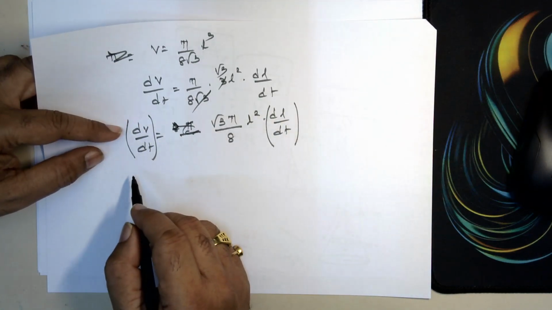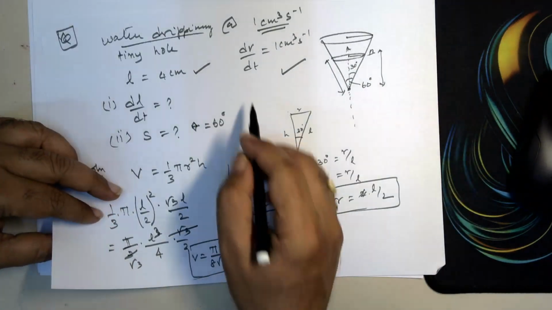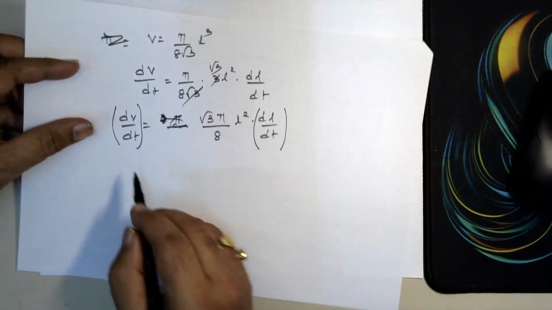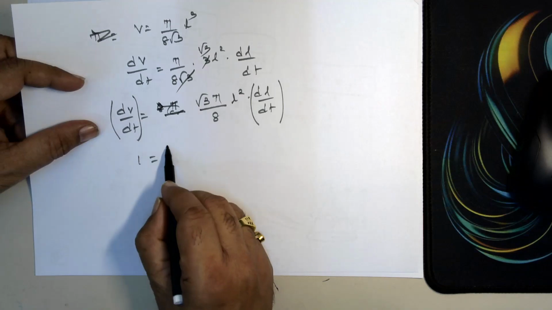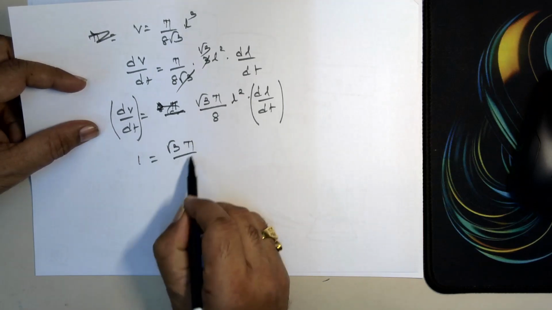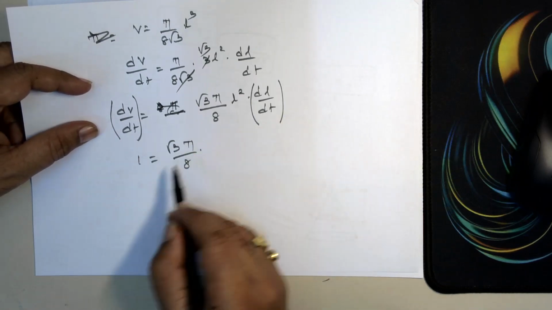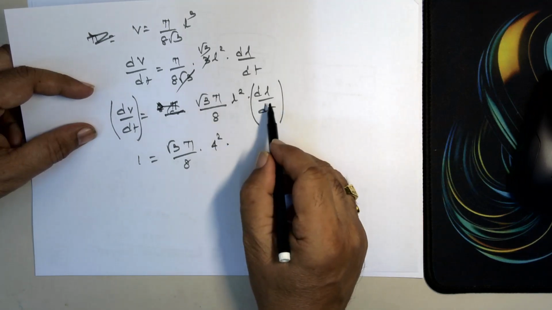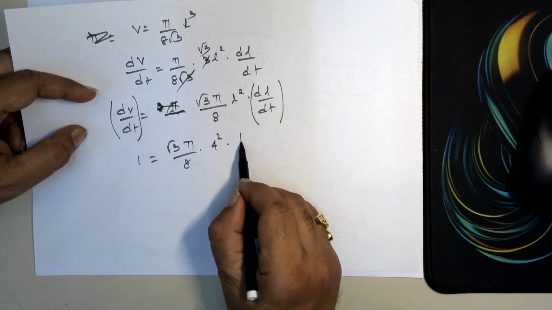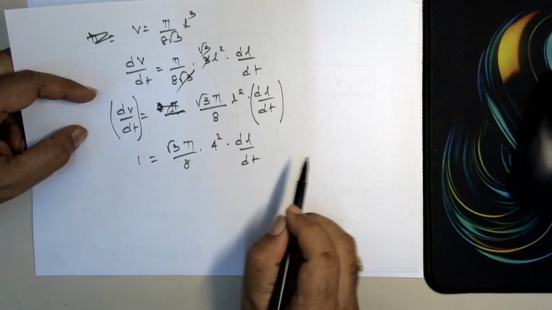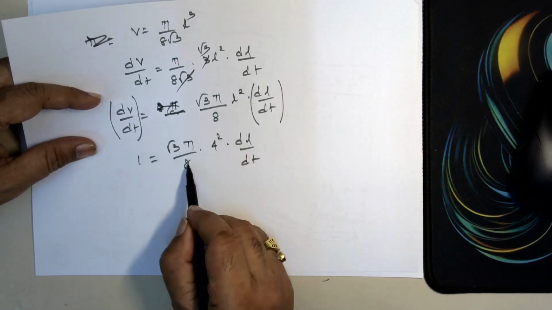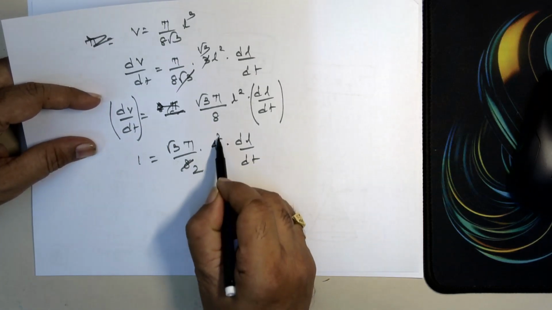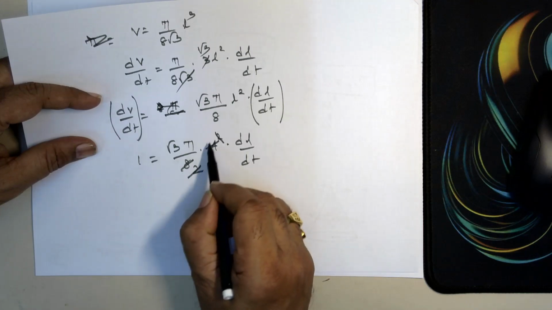Now, what is dV by dt? It is 1, because they are given here. So 1 is equal to root 3 pi divided by 8 into 4 squared into dL by dt. Therefore, 4 squared means you can strike out 2 and this 4, again 2.